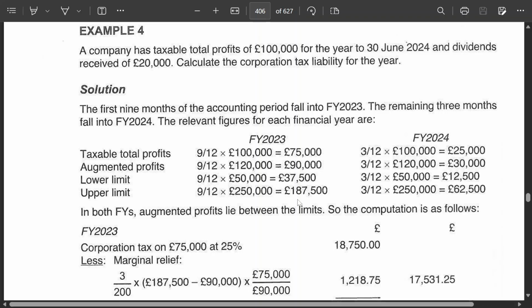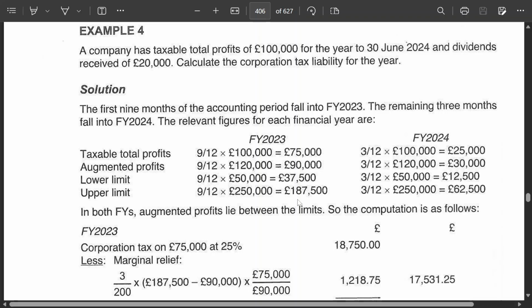So in this example, you're seeing a slightly more complicated example where the profit is scaled down by the shorter accounting period, but also to make it fit neatly into the tax years.